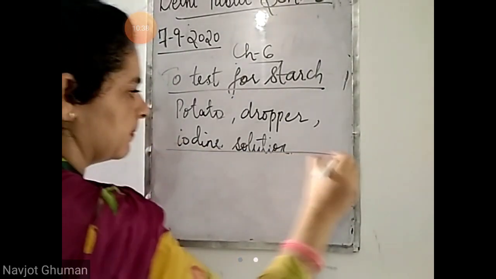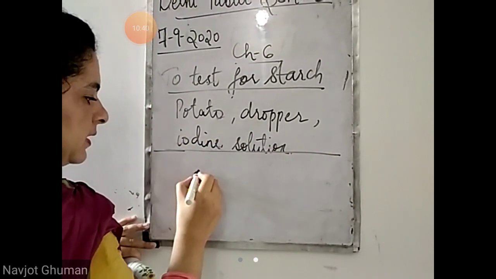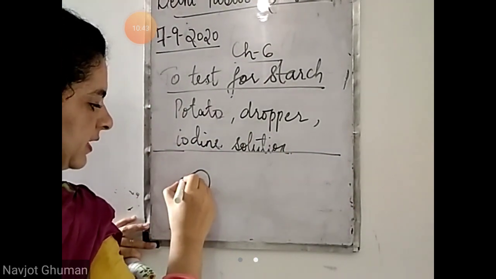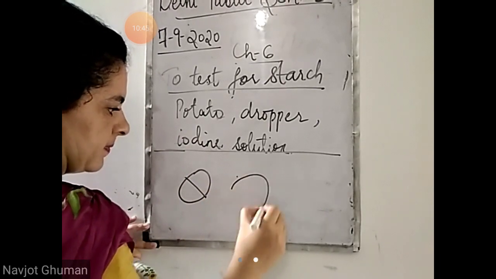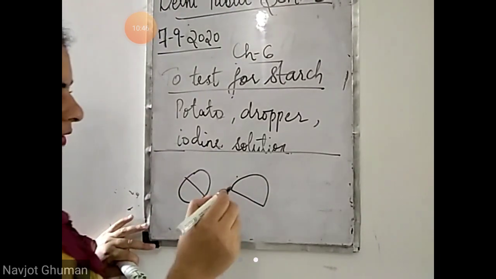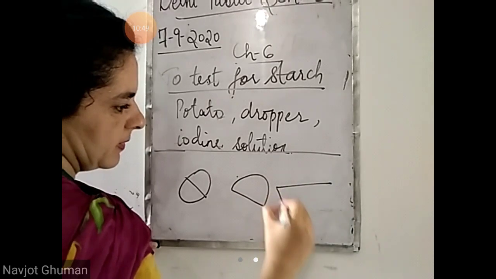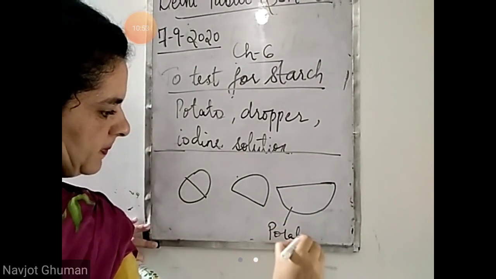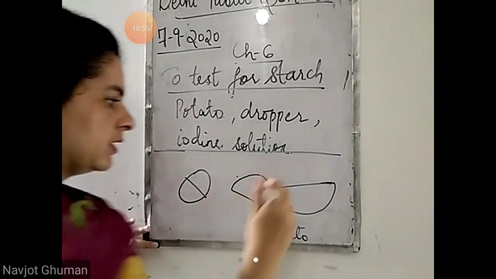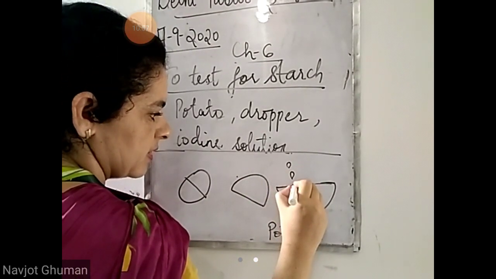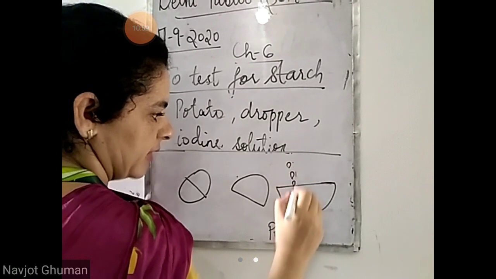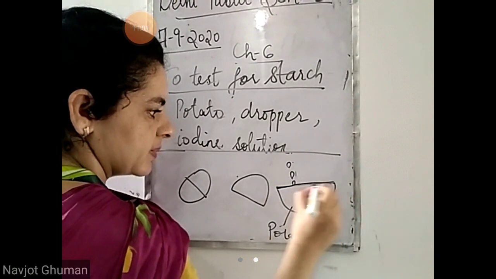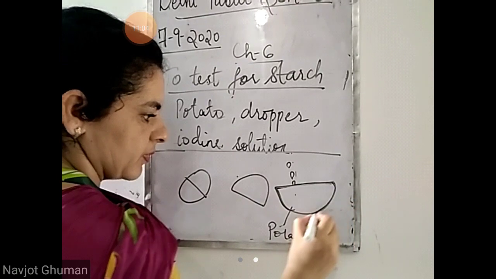Now what is the procedure to perform this practical? Take 1 potato, cut it in half, cut कर लो यहाँ से. Now take iodine solution, ये इसका हाफ पार्ट है. Potato, this is potato. Take iodine solution, put a few drops of iodine solution on the cut part. यहाँ पे डालो iodine solution को, जो उसका sliced part है, cut किया, हाँ सेंटर वाला पार्ट है उसमें.